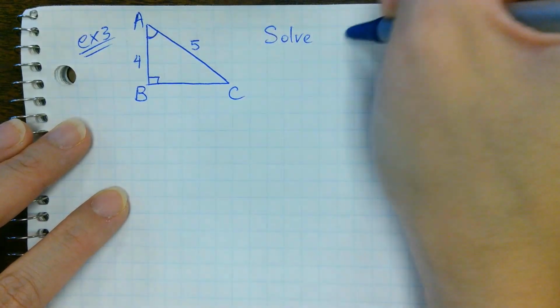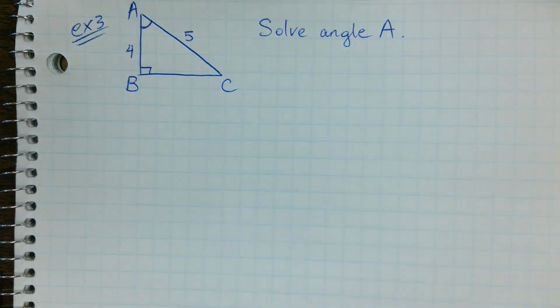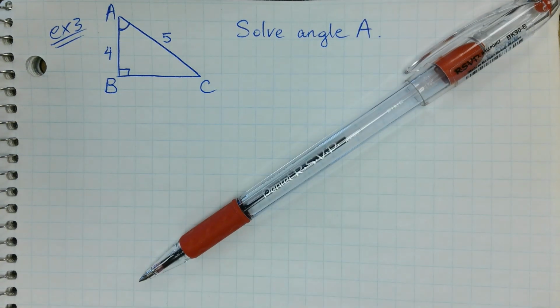Solve angle A. Okay, what is my very first step? Let me hint. My red pen. Corin, what's my very first step?